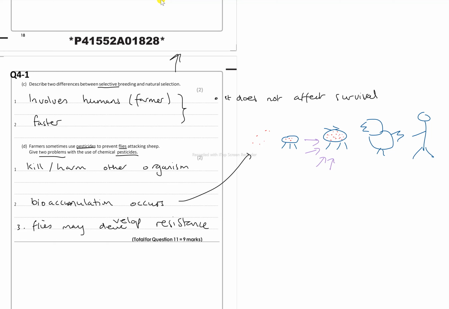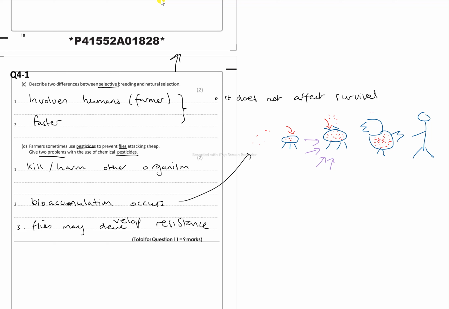Right, and the bird's going to eat lots of these. So these are little, so this ate 4, and it got eaten by this bug, which ate 10 of them, so that might end up with 40. That ate loads of them, that might end with 400.